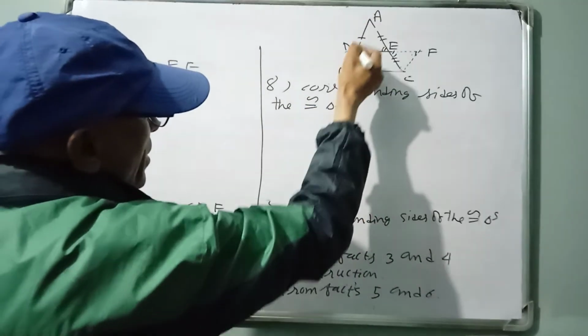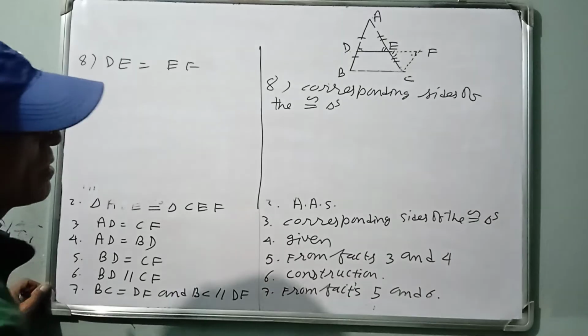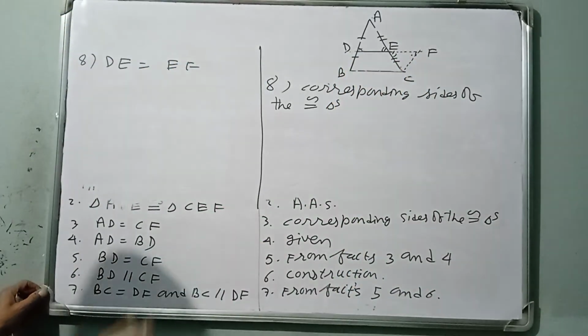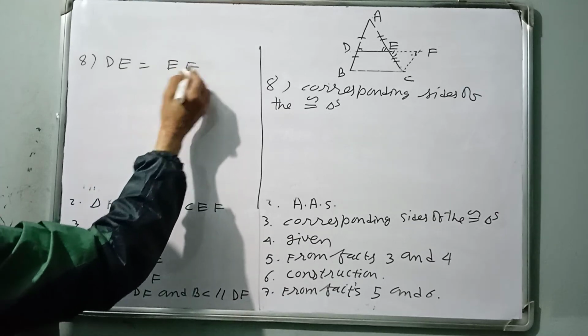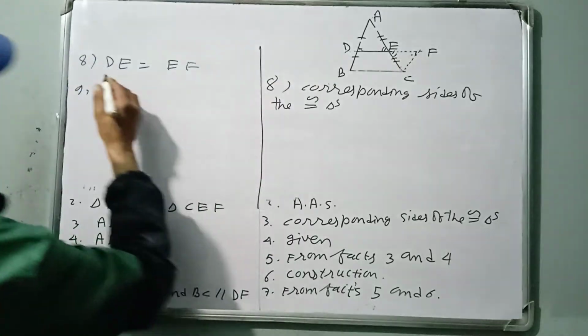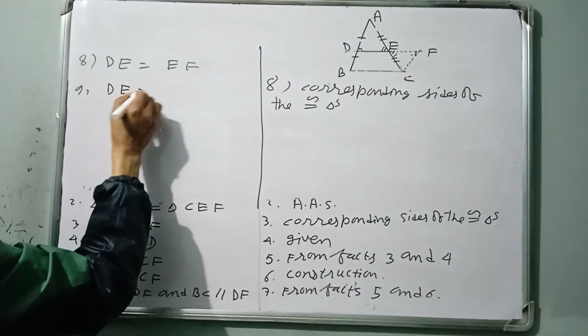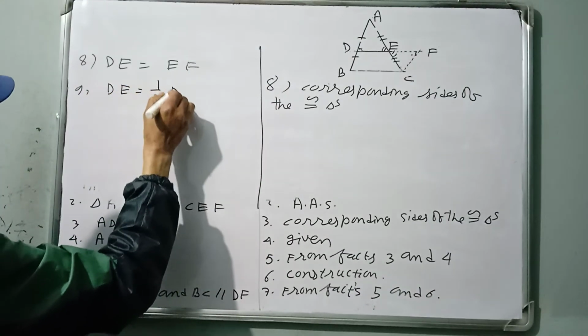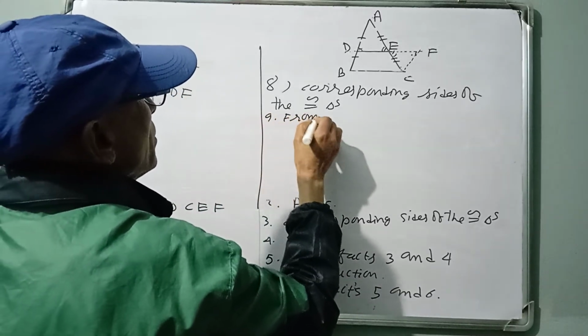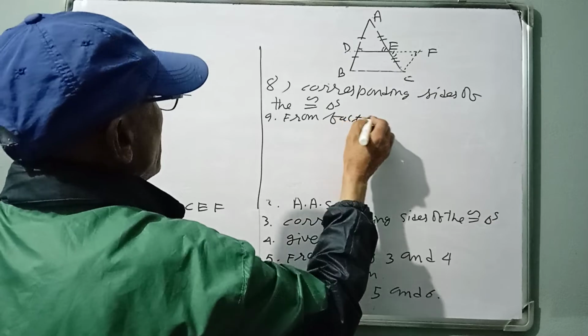See, AD equals CF, corresponding side. DE equals EF, corresponding side. If DE equals EF, you can write DE equals half of DF. From fact 8.